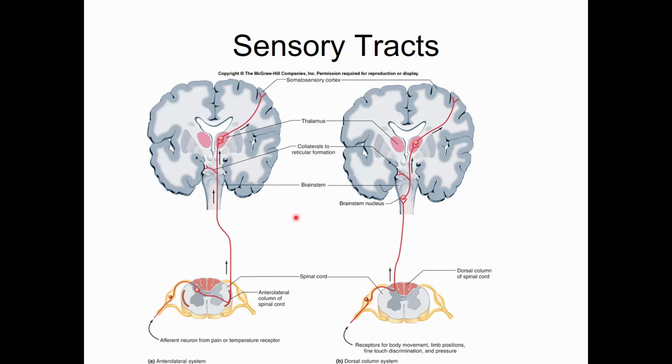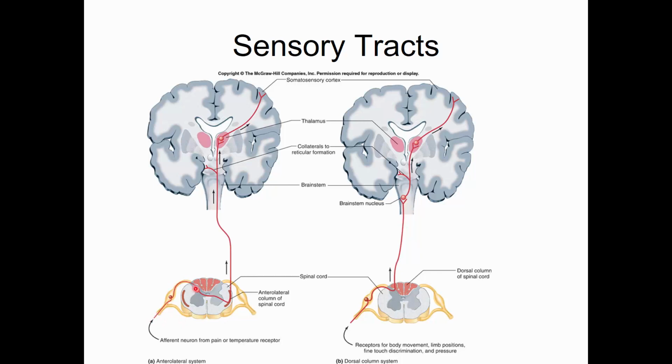So we have two pathways. The anterior lateral system, also called spinothalamic. So it goes from the spinal cord to the thalamus is how it's named. And deals with anterior or lateral spinal tracts. So here's our sensory neuron. There's the cell body.